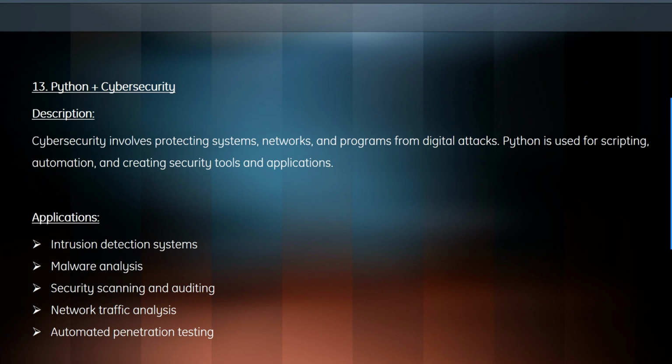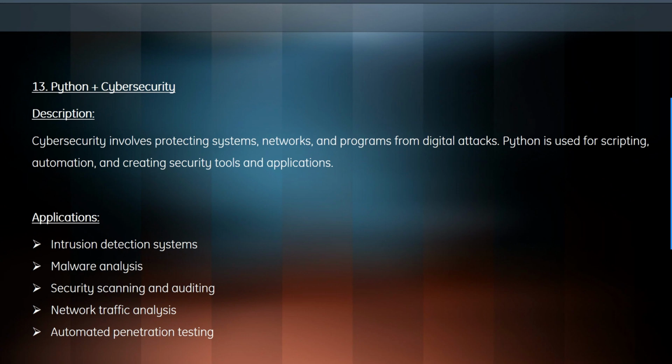Moving on, we have Python plus cyber security. Cyber security involves protecting systems, networks, and programs from digital attacks. It's a system where nobody can hack, especially because our financial data is very important, since they can easily hack and get the money from us. That is considered a cyber crime, so to prevent that, we have cyber security.